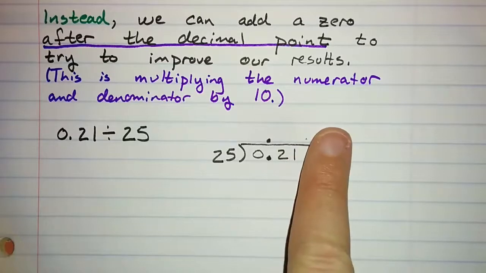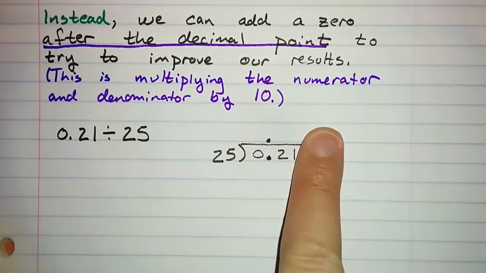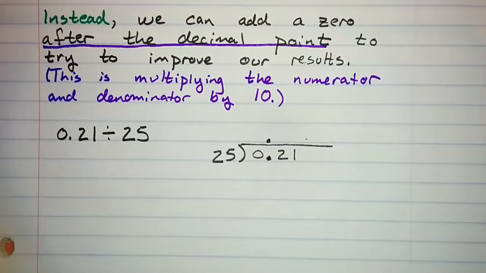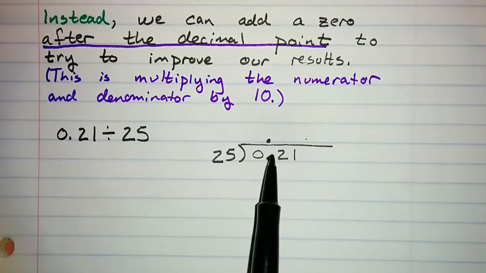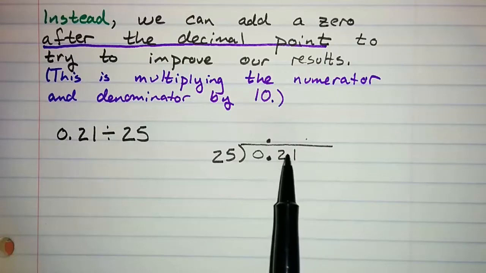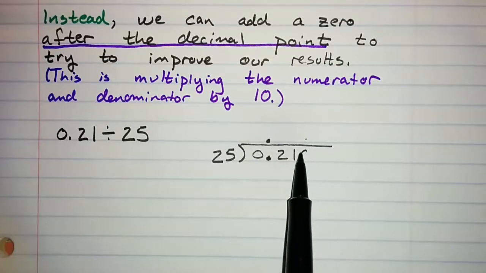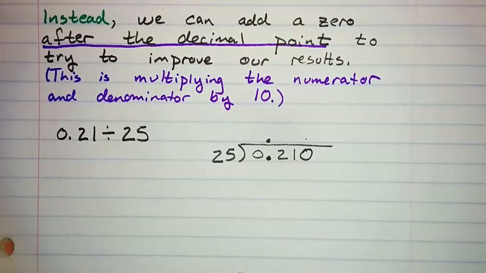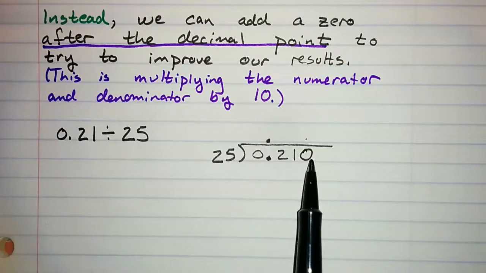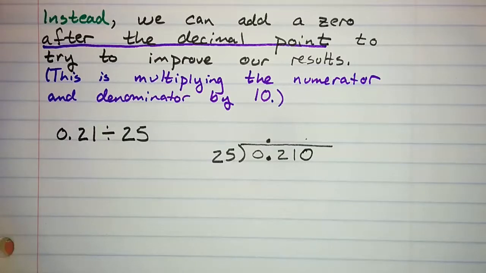Into 2, not at all. In fact, into 21, not at all. But this decimal is 21 100ths, 2 digits. That's the same as 210 1,000ths. So I can add an extra digit to the right of the decimal point.